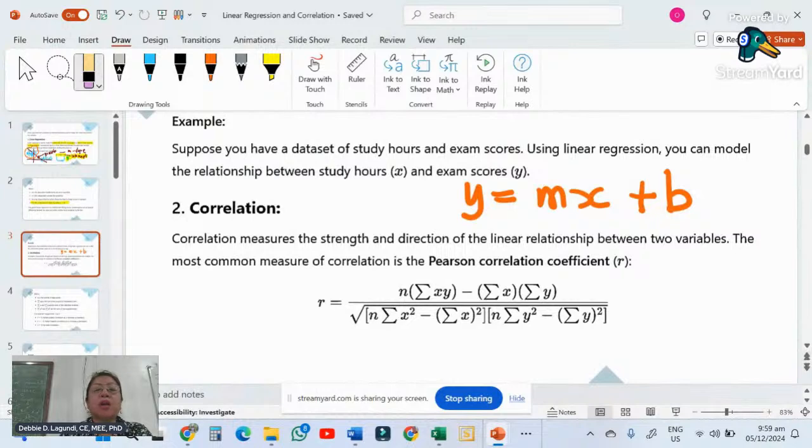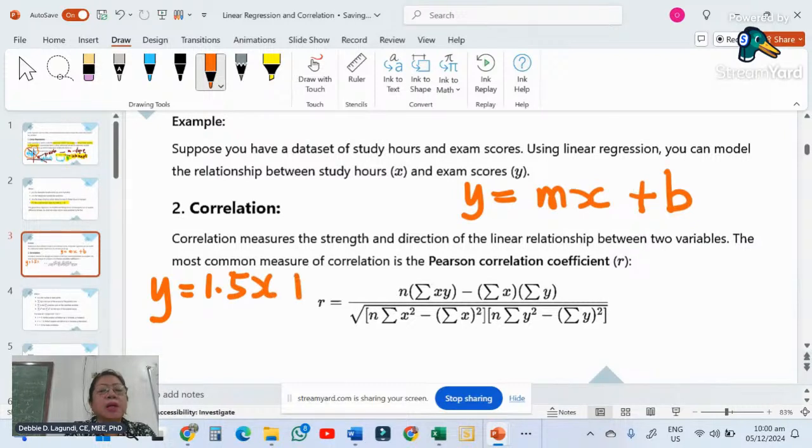For example, you have an equation of y is equal to 1.5x plus 20. This is just a random one. What does it mean? If x could be the number of times that you did good work, number of good works.